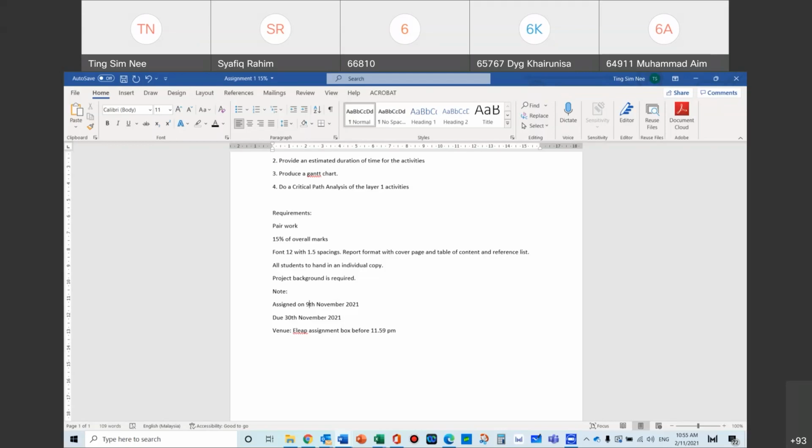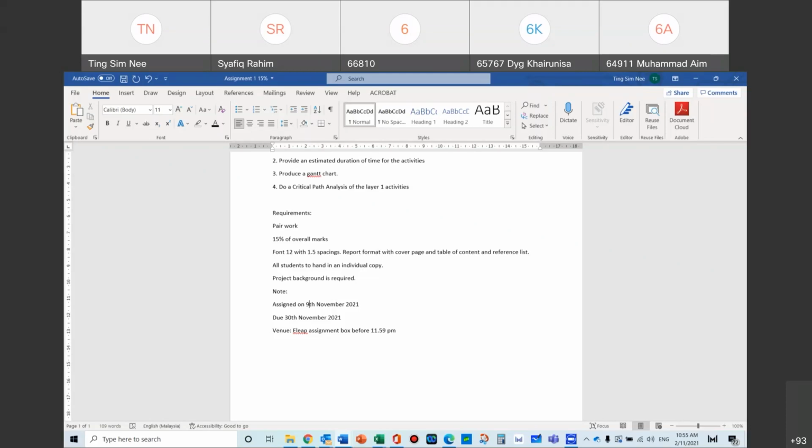Which one do you prefer? But there are some people who have a problem because their groupmate forgot to hand in. So if you have a groupmate like that, then you may want to hand in your own individual copy. What do you think?